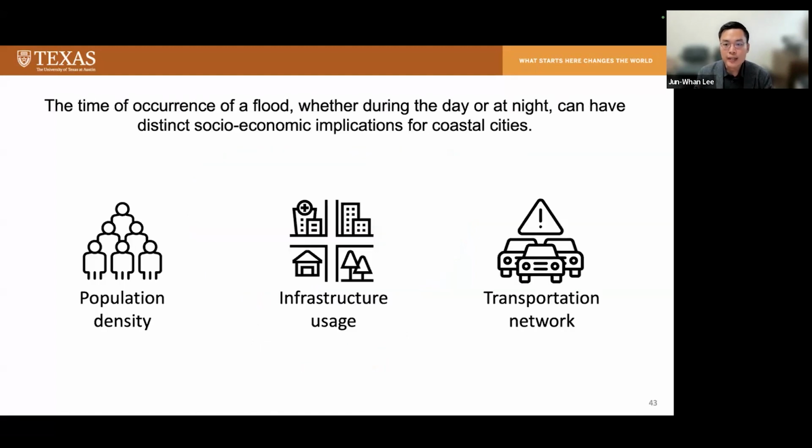As we know, the timing of the flood event can have significantly different impacts on the city's vulnerability and resilience. During the day, the consequences may differ due to factors such as population density, infrastructure use, and transportation networks.